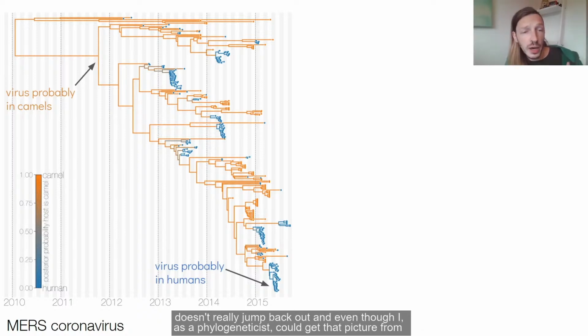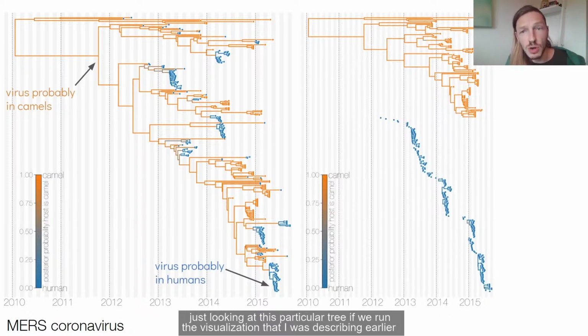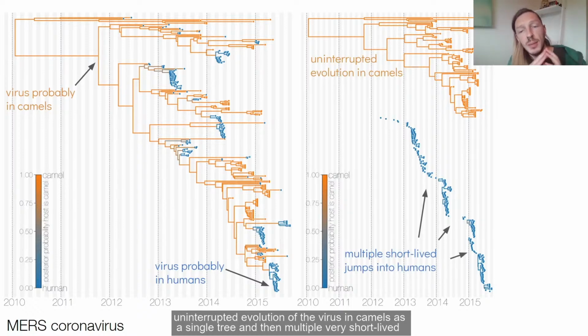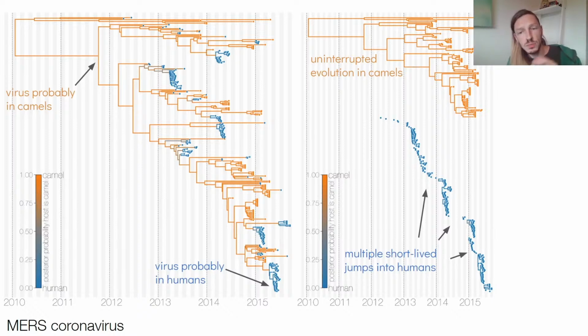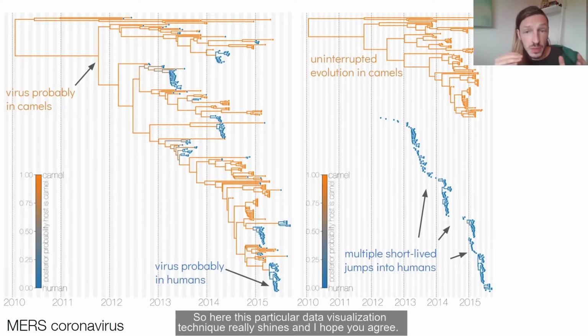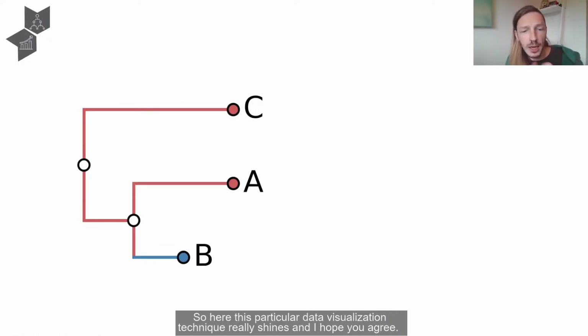And even though I, as a phylogeneticist, could get that picture from just looking at this particular tree, if we run the visualization that I was describing earlier, we can really sort of crystallize the idea present within it, where we have essentially uninterrupted evolution of the virus in camels as a single tree, and then multiple very short-lived subtrees that result from jumps of the virus from camels into humans. So here, this particular data visualization technique really shines, and I hope you agree.